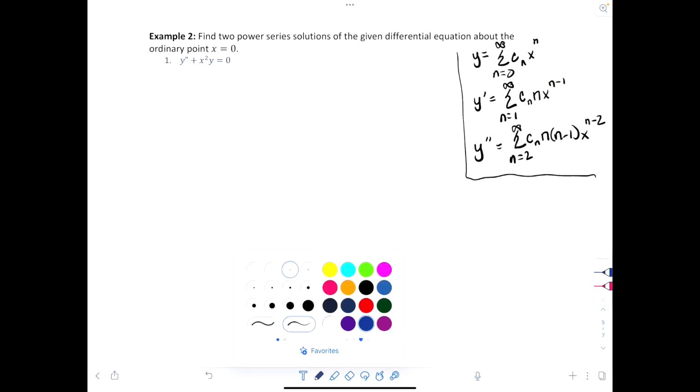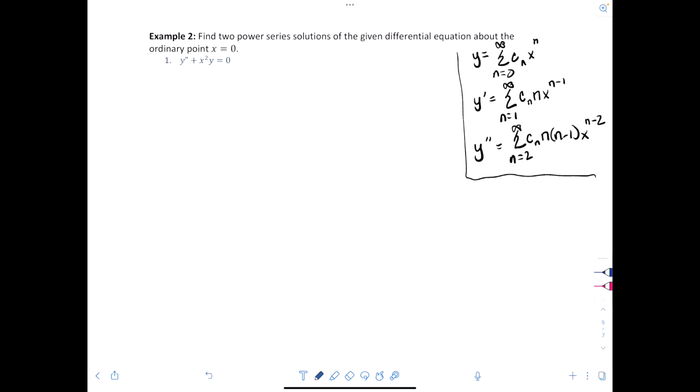And continuing, we will have y double prime, which is the summation as n goes from 2 to infinity of c sub n times n times n minus 1 times x to the n minus 2, and then plus x squared times the summation as n goes from 0 to infinity of c sub n times x raised to the n. And that's all equal to 0.